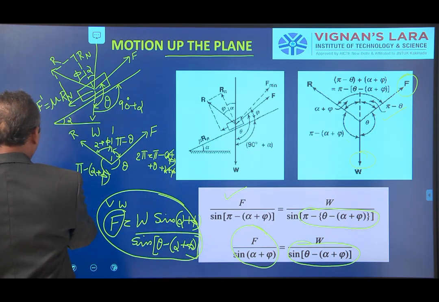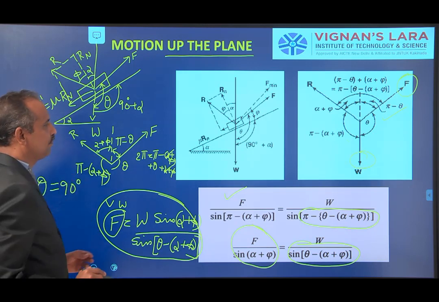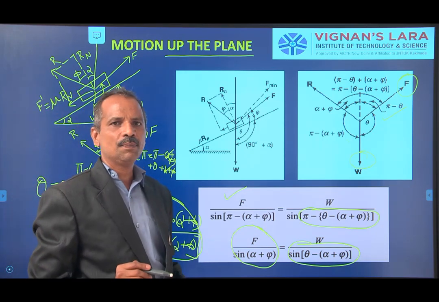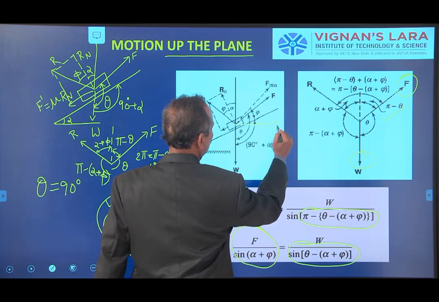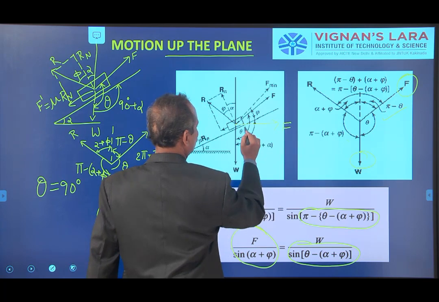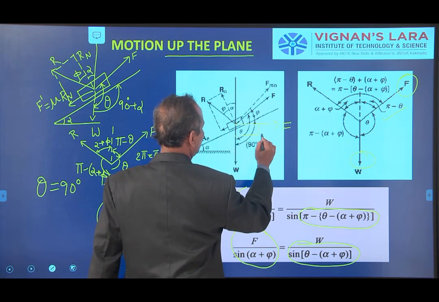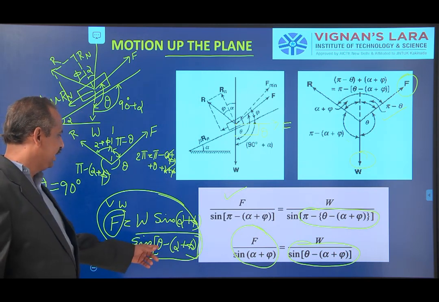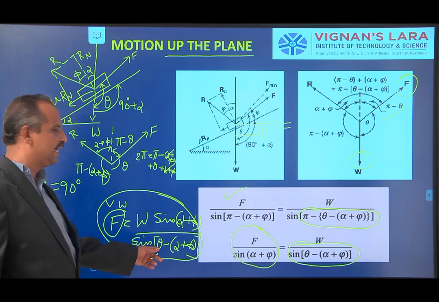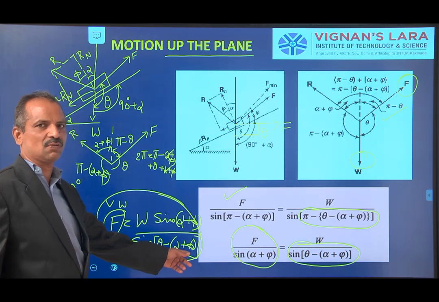The first case is where theta is equal to 90 degrees. What is theta 90? Theta 90 means the applied force is like this, and this angle is theta. So when I write theta 90 here, what does it become? Sin(90 minus (alpha plus phi)).